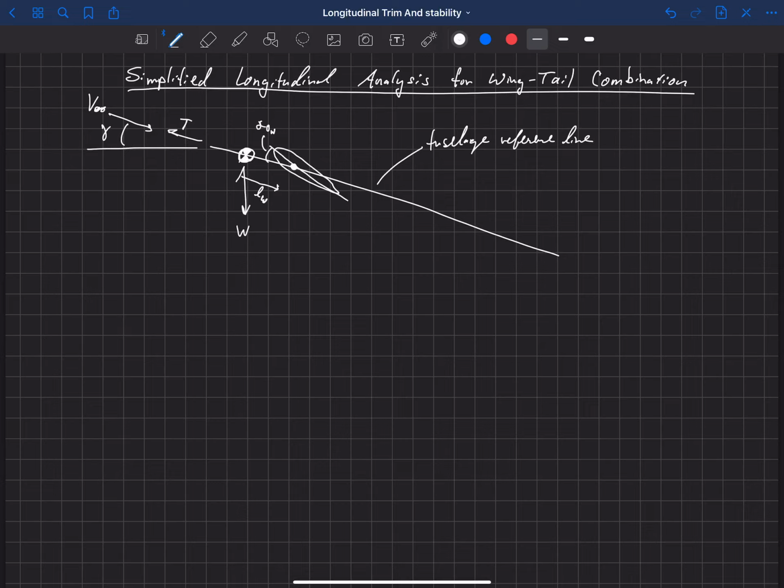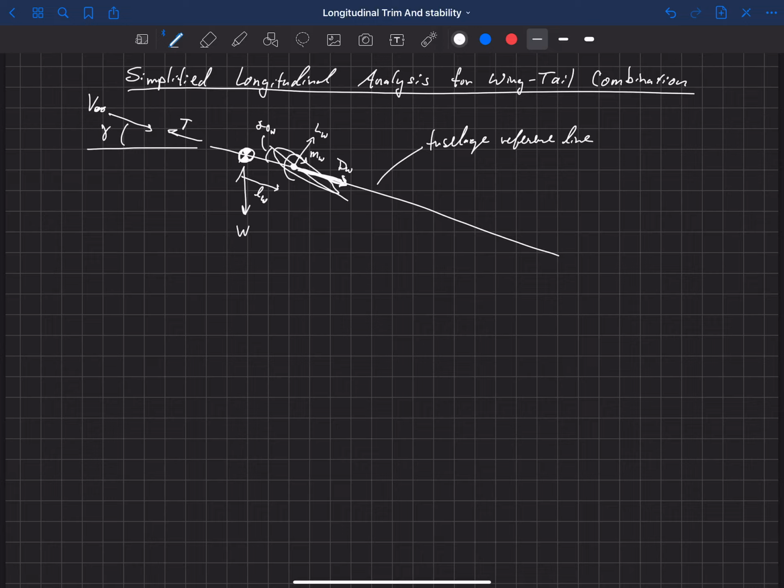And at the aerodynamic center, the forces that are produced by that main wing are lift, which is perpendicular to the free stream, so that's L sub W, and then drag here, which is in the direction of the free stream, so that's D sub W. And then it also produces a pitching moment that we'll call little m sub w.